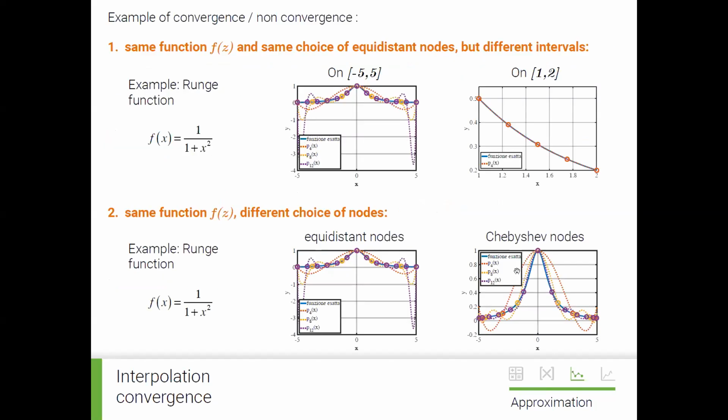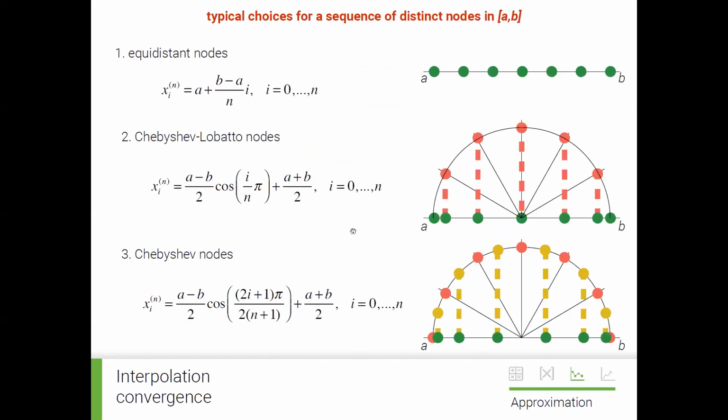From these examples, you can also consider here the Runge function and Chebyshev nodes. Yes, this converges. But for equidistant nodes, it's not converged. The difference between equidistant nodes, Chebyshev-Lobatto nodes, and Chebyshev nodes is written here. They are defined with different equations.